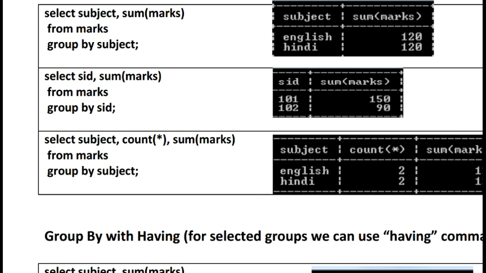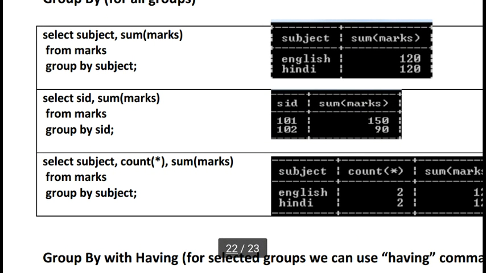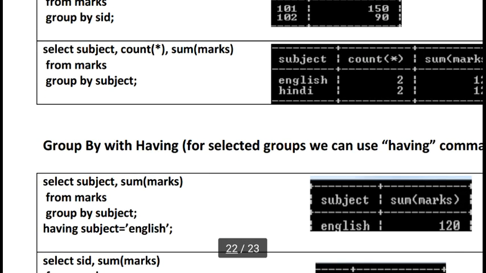Okay, and then we can also perform aggregate operations. But here you can see all grouping data, all grouping rows. A new facility is that we can also see only the selected group. Okay, we can also control the group, not show all the groups every time. So we can use one more thing, having.